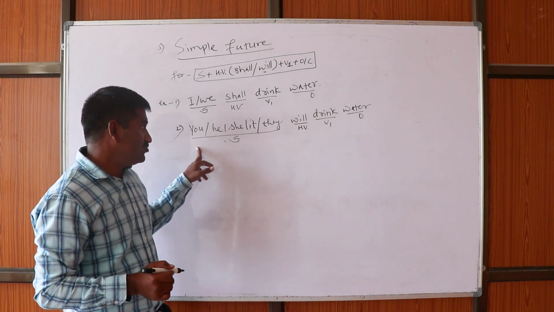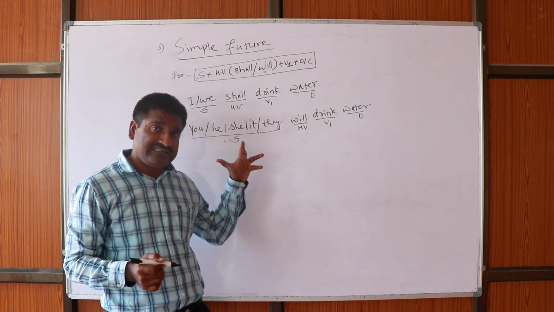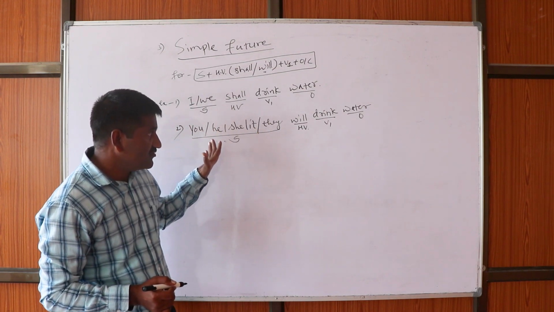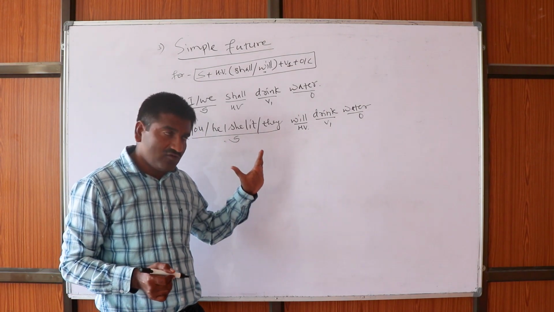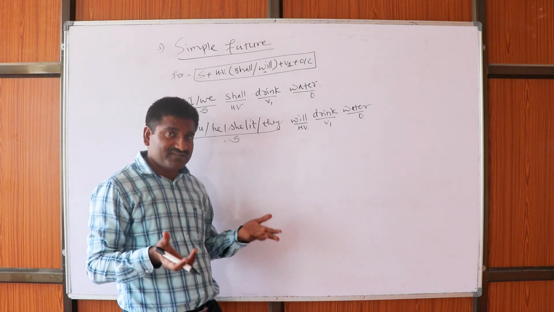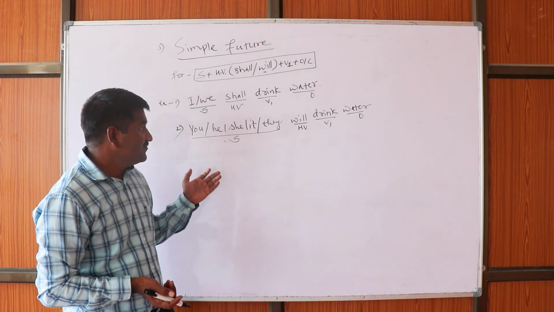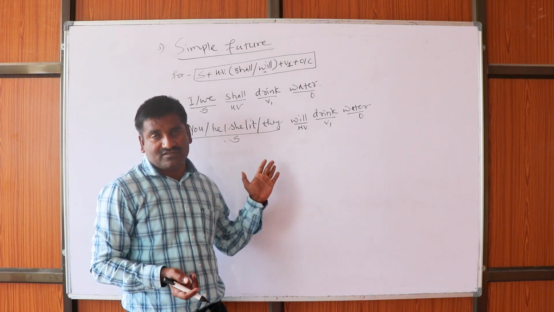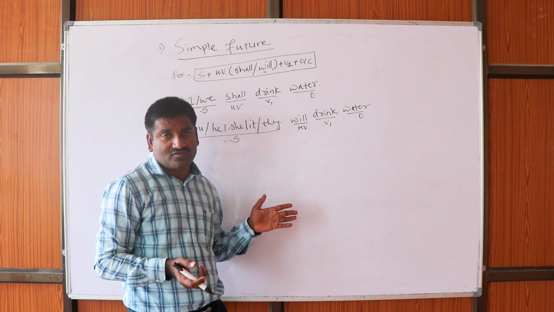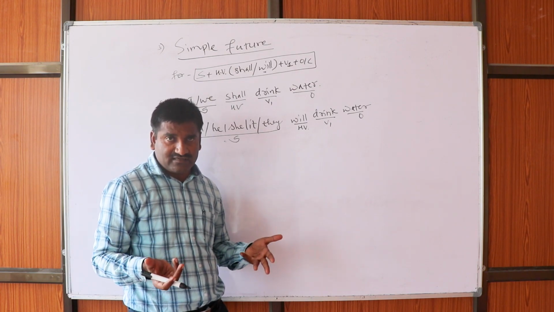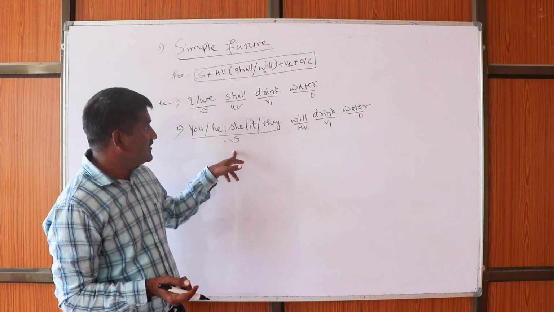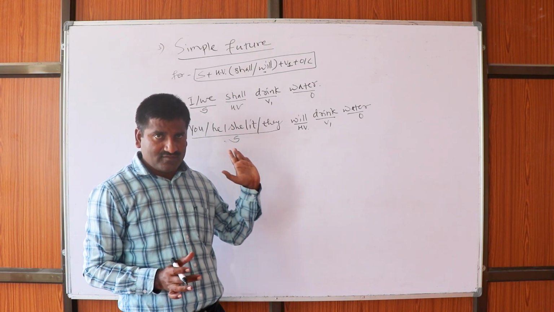So second person you, then third person singular he, she, it, and plural they. These subjects will take the helping verb will. But there are many students who misunderstand and they use shall sometimes with these persons, but it is wrong. We need to understand it, and we want to take precaution while speaking or writing about which subjects will take which helping verb.